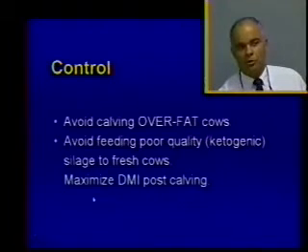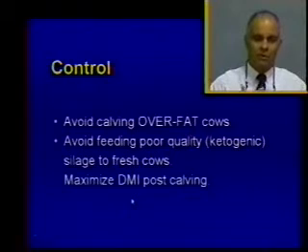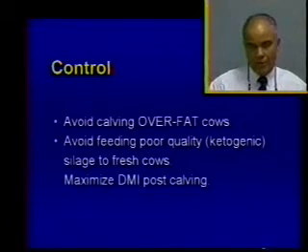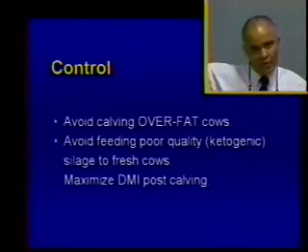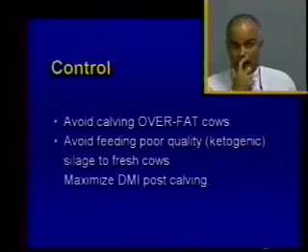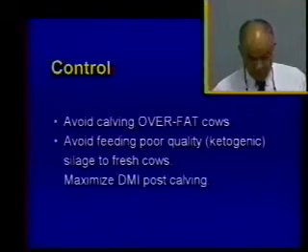This is perhaps the most important one right here. When we manage dairy cows, we want to have their cow comfort and their nutrition well established, so that as soon after calving, the cow can start to maximize her dry matter intake, because she begins that gradual increase in dry matter intake to prevent ketosis. So this is nutrition management, how we prevent this disorder.